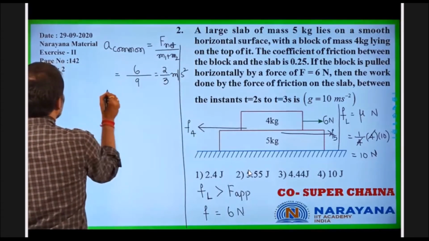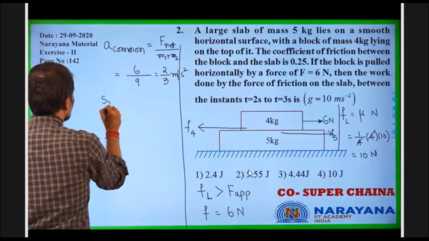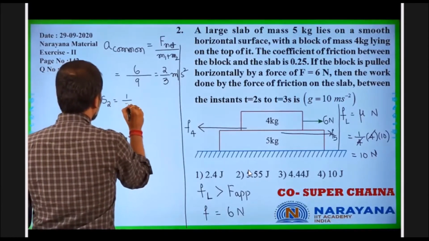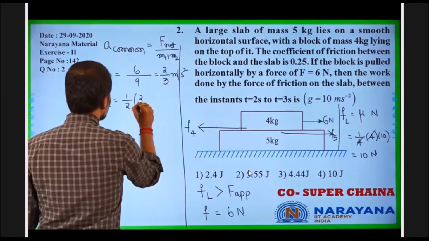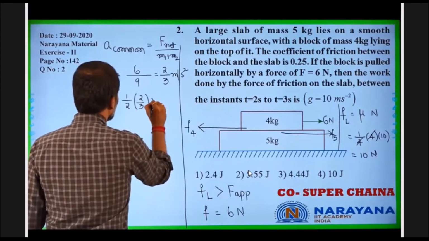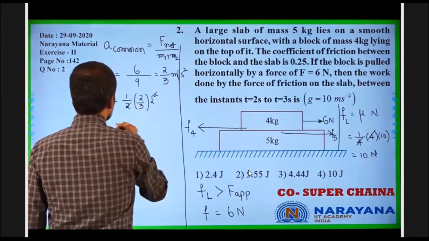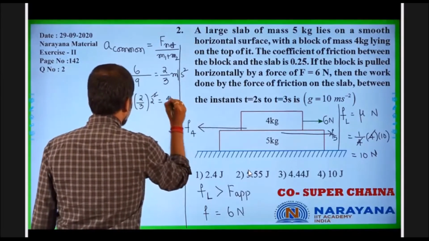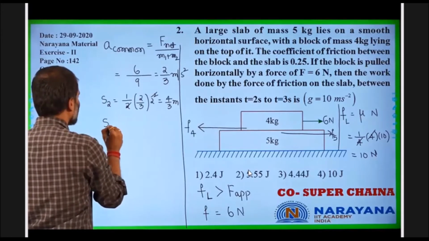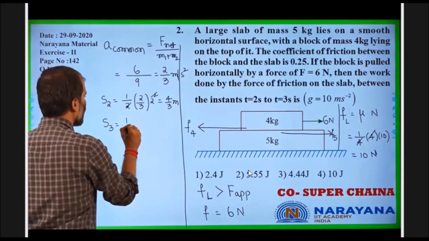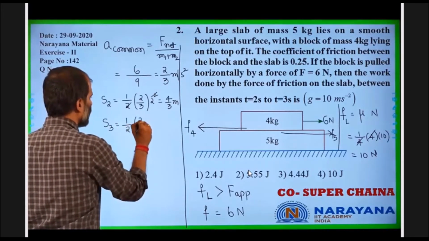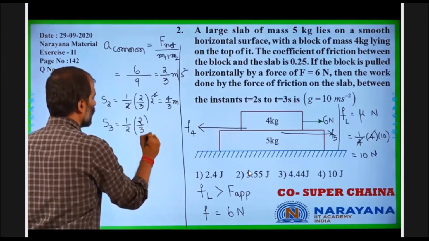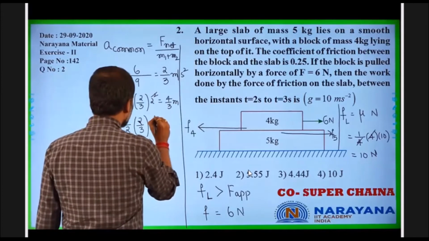Now the distance covered by the body during 2 seconds is half into acceleration 2/3 into 2 square. So this 2 and this 2 get cancelled, which is 4 upon 3 meters, right? So S3 is half into 2 upon 3 into 3 square.